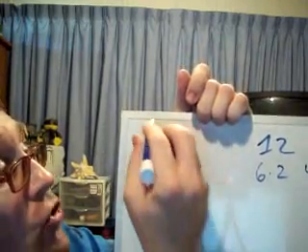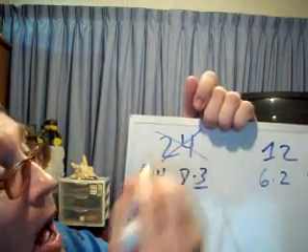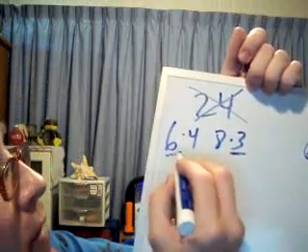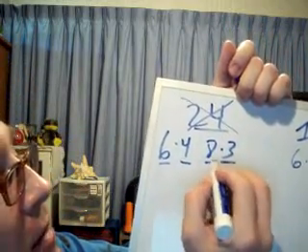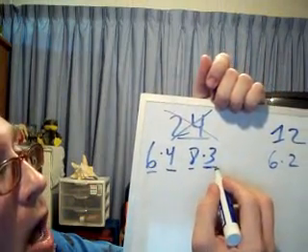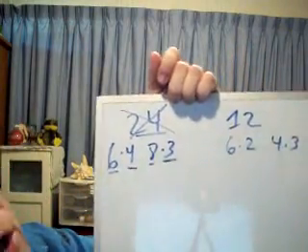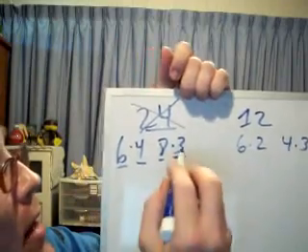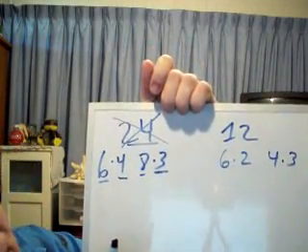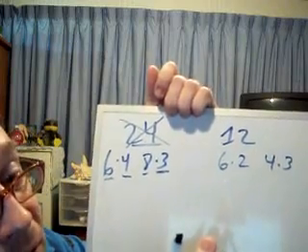Because of that, 24 is not an even times even. Now, I know it's an even times even and even times odd because after all, this is even, this is even, this is even, this is odd, so it could be an even times even or even times odd. But according to Euclid's definition, because of that 3 right there, it would not be an even times even. That's what he said in the book.